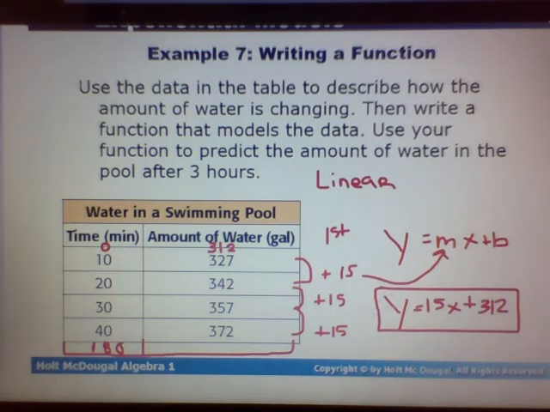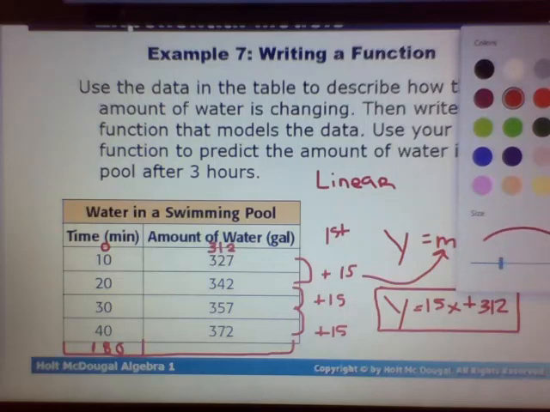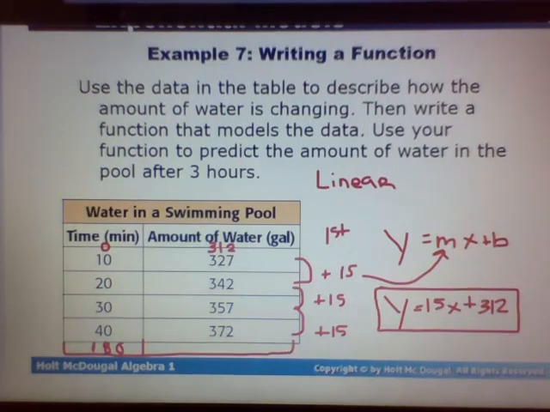All right, then we can use this equation to find out what happens after 3 hours. Most likely when they're saying 3 hours, you're thinking that you'd plug in a 3, but it turns out that we're plugging in a 180. So into this x right here, we're going to plug in 180. Take that 180 and multiply it by 15. And once we multiply that number by 15, because of the order of operations, we would add 312.